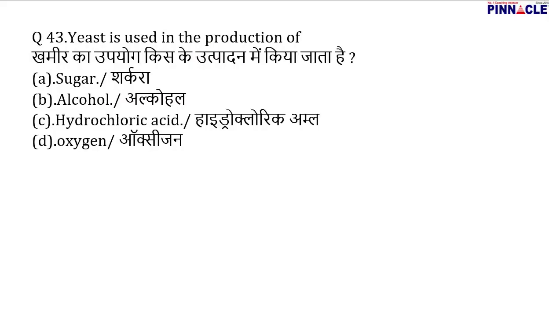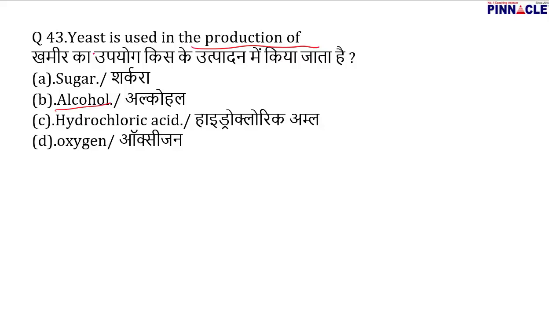Moving to question number 43, the question states that yeast is used in the production of. So we have been asked for what production we use yeast. Yeast is generally used for the production of alcohol. By the process of fermentation, yeast produces alcohol. And what is fermentation?